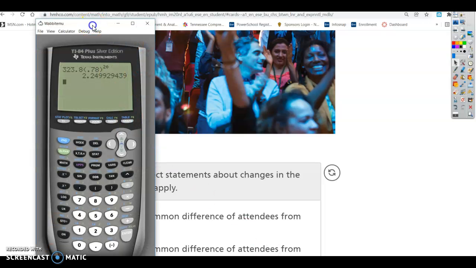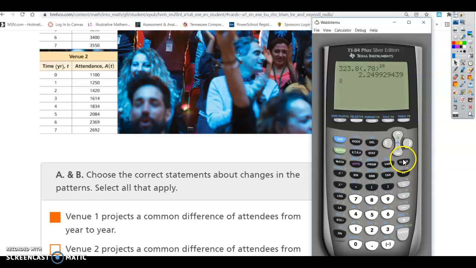So let's take a look at that real quick and see if that makes sense. Just like from the last section, you learned how to enter these in your calculator. So I'm going to clear out my table, second plus 4, enter, and then go to stat.